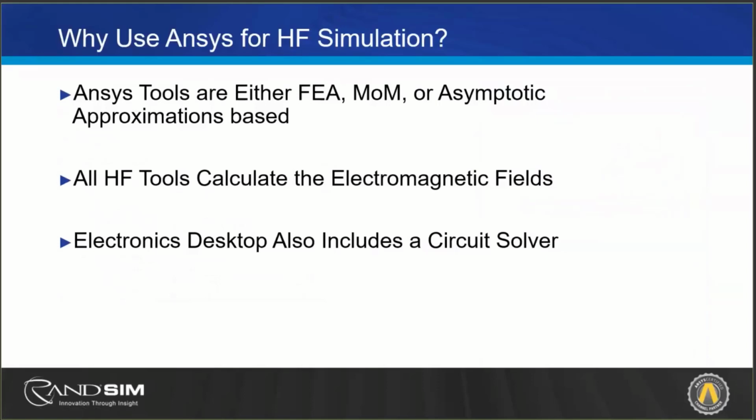And this is really an advantage of these types of solvers, because we get to look at the physical properties of our geometry, where a traditional circuit or lumped parameter model doesn't get that effect.